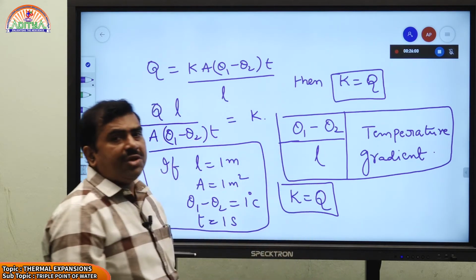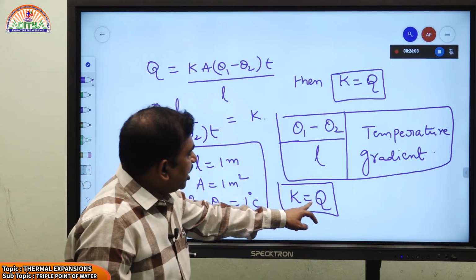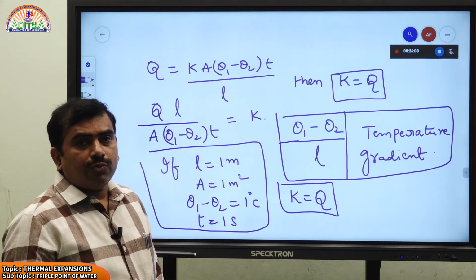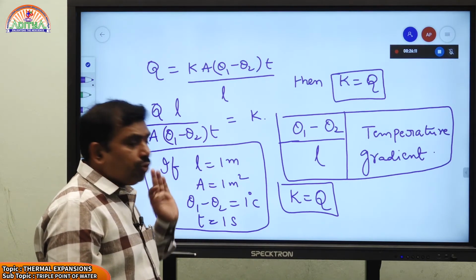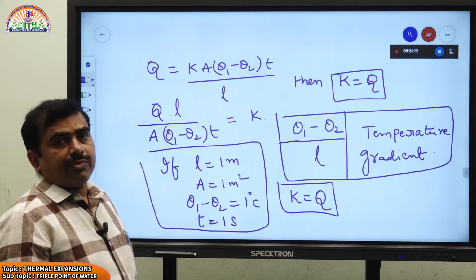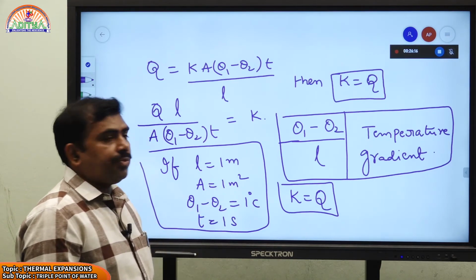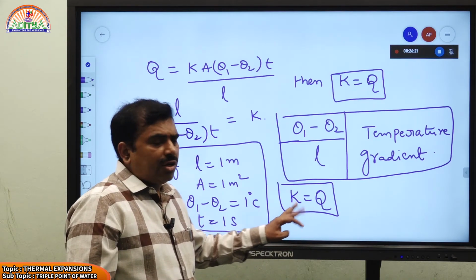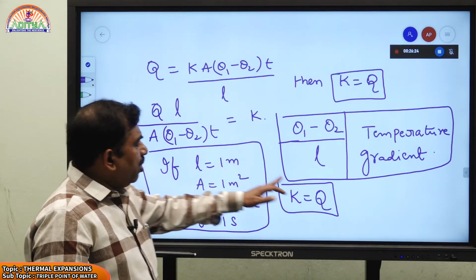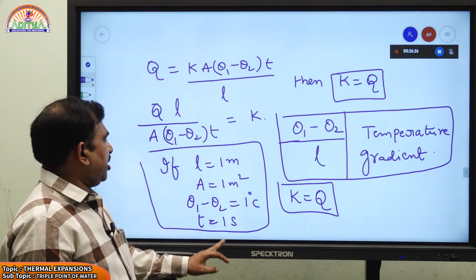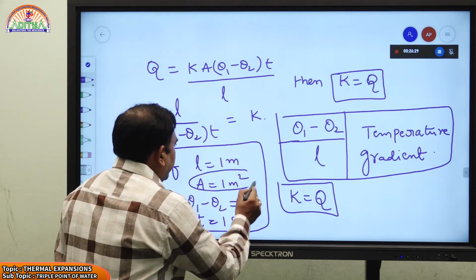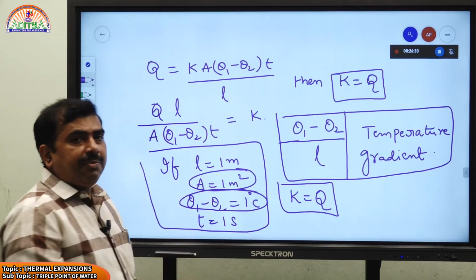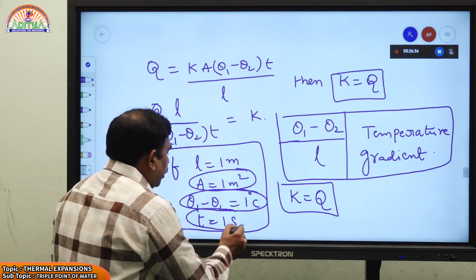Now I will tell how we can define the coefficient of thermal conductivity. It is nothing but the amount of heat passing through a metallic conductor having unit area of cross section and unit temperature gradient in 1 second.